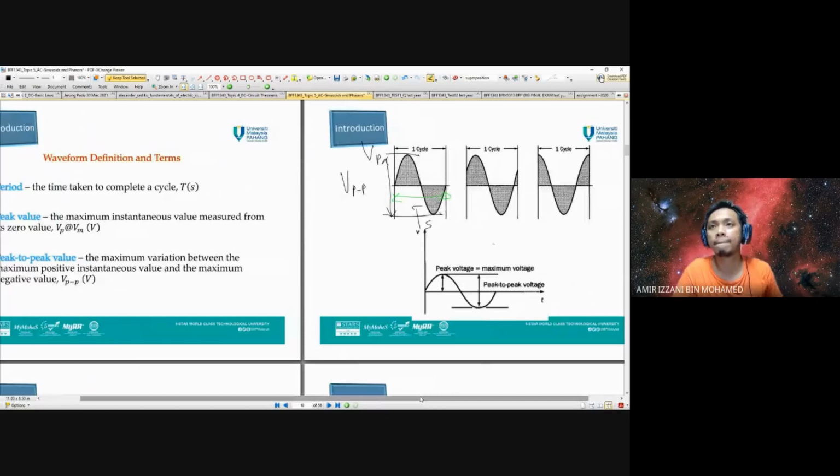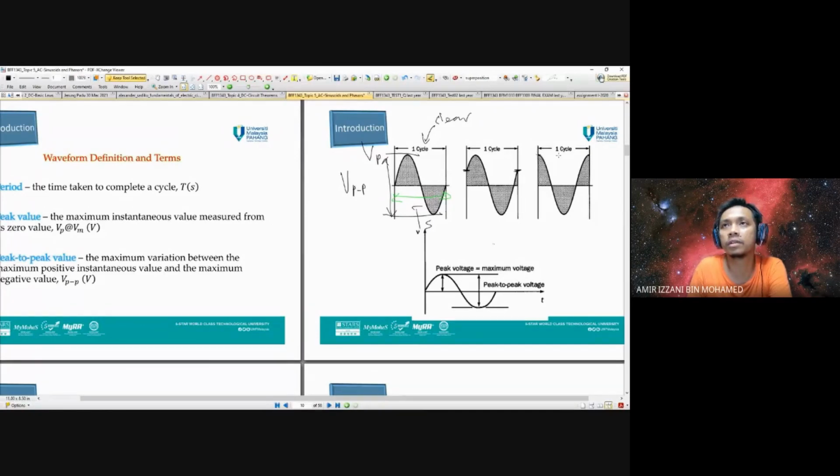Okay, so you can see the variation of one cycle. This is clear, one cycle. It starts from 0 and ends at 0, but this one is not starting from 0. It starts from here, maybe around 50% of the maximum value, and it also ends at this 50%.